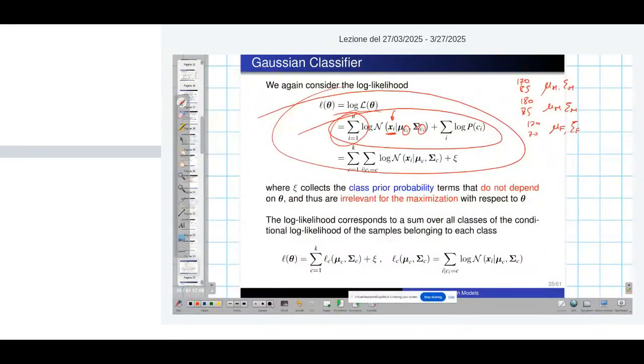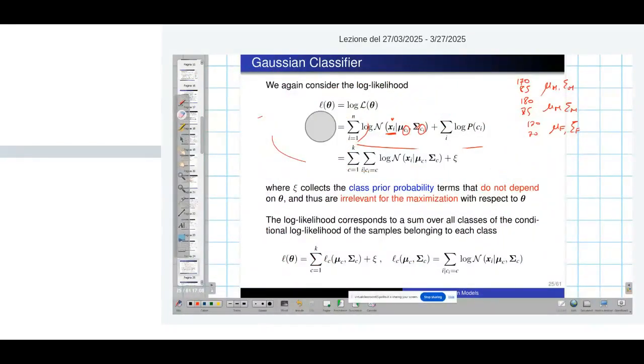Now, I observe that these terms here do not depend on the parameter theta. My goal will be maximizing with respect to theta, so I don't care what these values are, they are an additive constant to my log likelihood. So I can just ignore what the value is. Whatever the prior probability is, it will not influence the solution to my maximum likelihood approach.